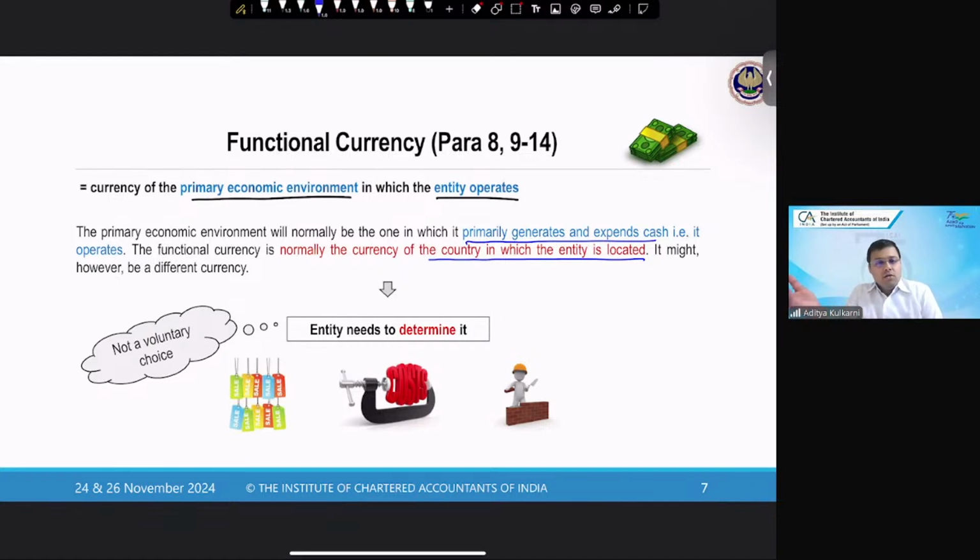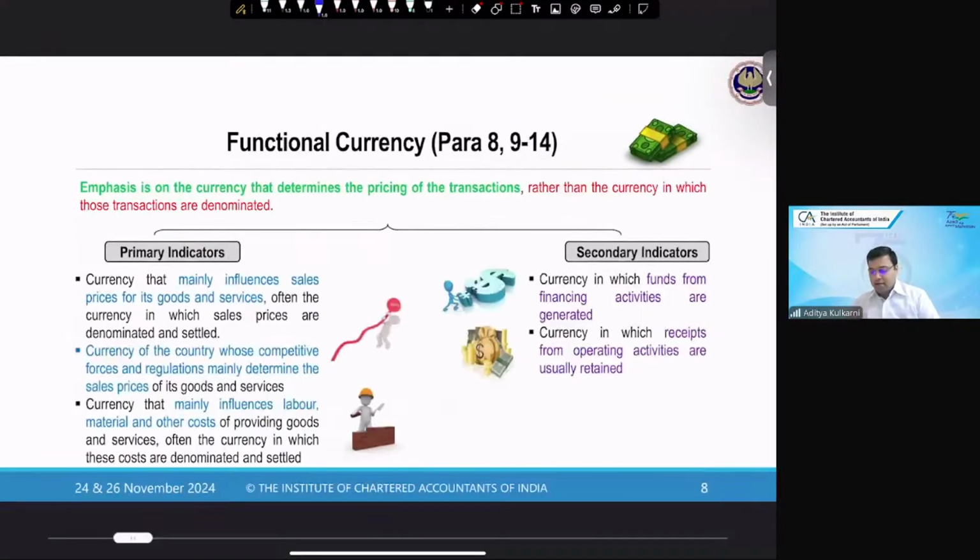Answer is no. It's a determinable currency. It is something that you have to identify based on the facts of the case, not out of your whims and fancies. So the entity needs to determine it. That is the critical point of functional currency.